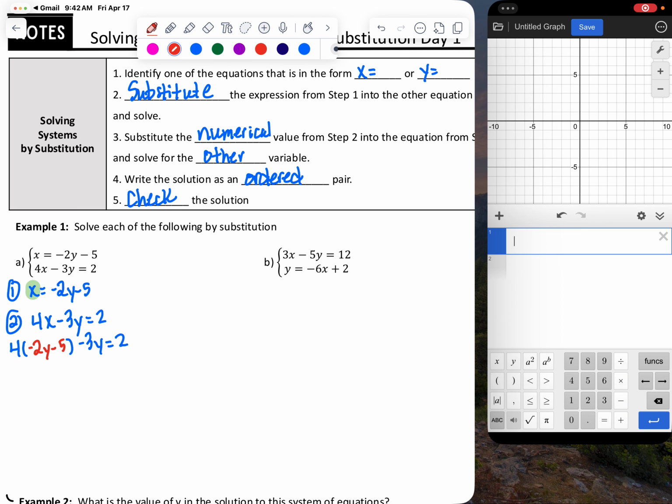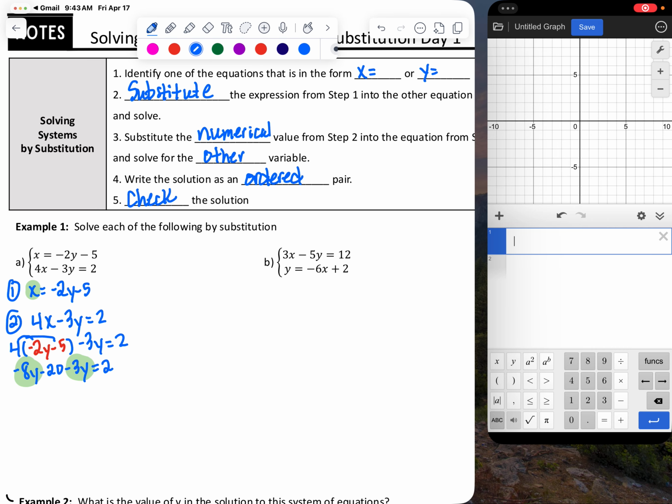Now step two tells us that after you've substituted that expression in, you solve the resulting equation. So we'll distribute the 4. That would be negative 8y minus 20 minus 3y equals 2. Now we'll combine any like terms.